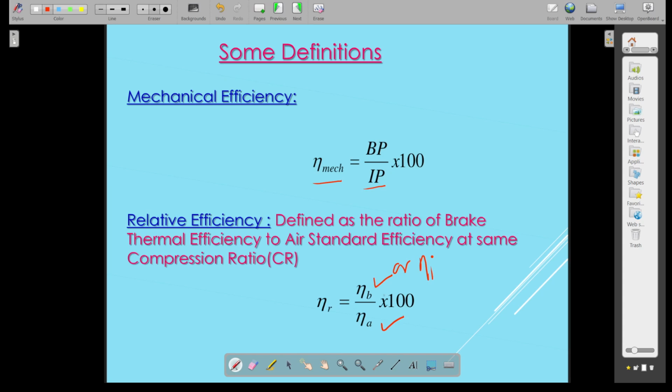So depending upon what kind of relative efficiency you want, regards to brake thermal, तो रिलेटिव एफिशिएंसी रिगार्ड्स टू ब्रेक थर्मल हो जाएगा, इंडिकेटेड तो इंडिकेटेड हो जाएगा. ओके.